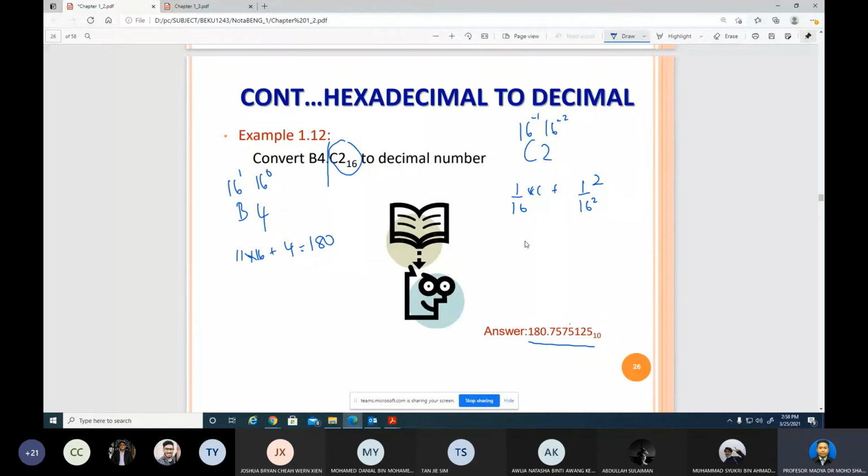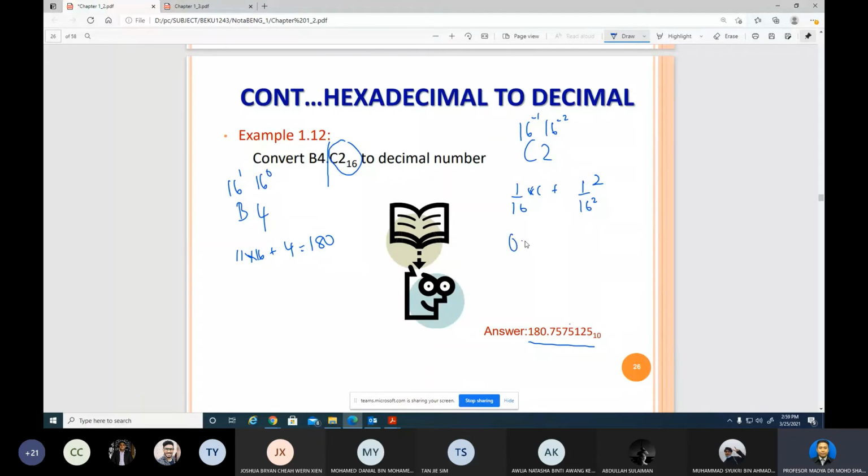The answer, for example, C is 13, divided by, for example, 1 over 16, multiplied by C is 15, B is 11.